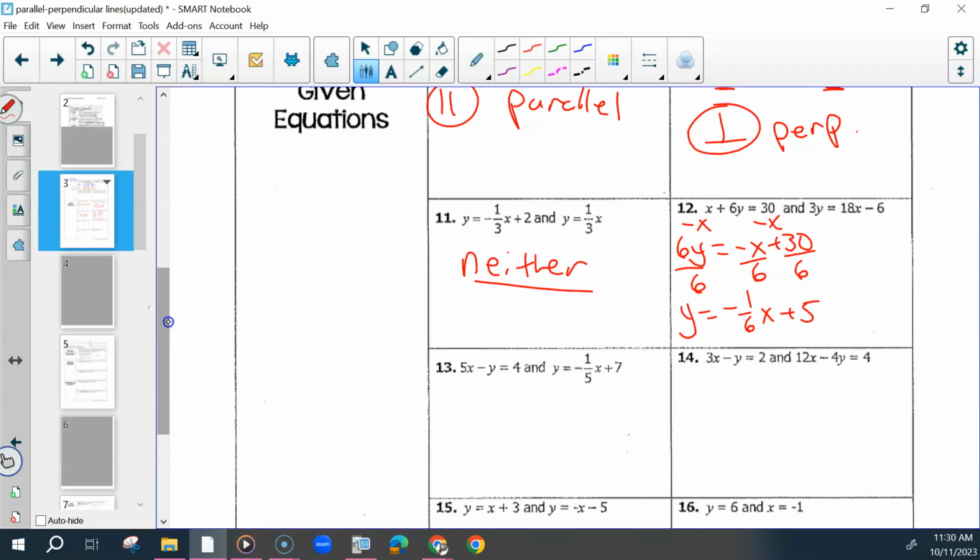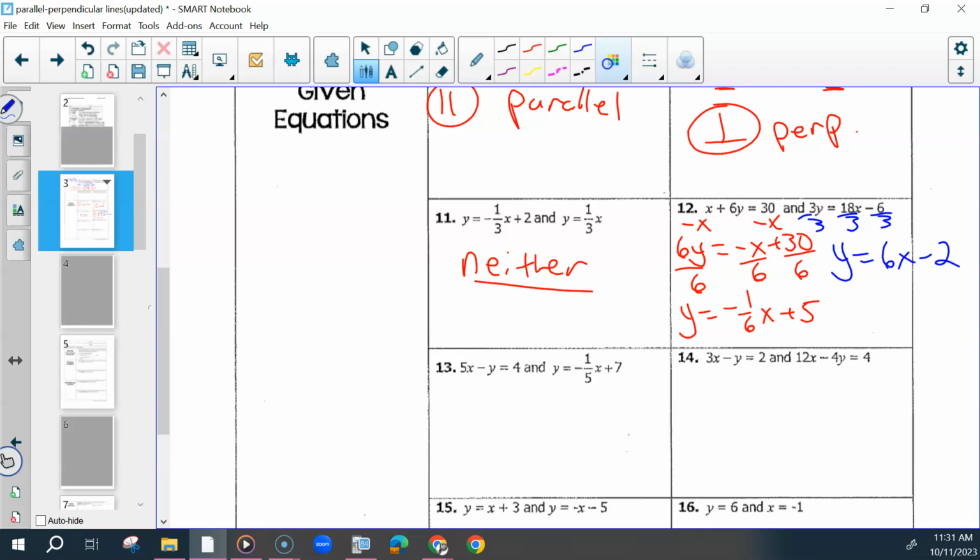So now we have 1, but the other one we still have to solve. How would we solve this one? Get y by itself. Divide everything by 3. We have y equals 6x minus 2.